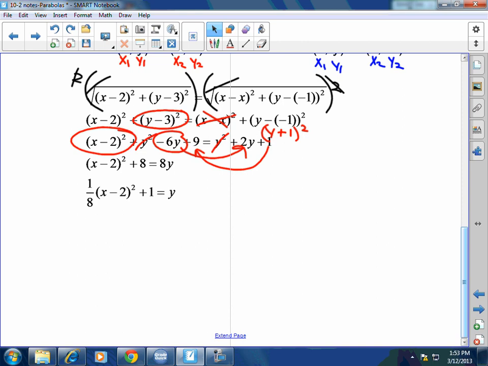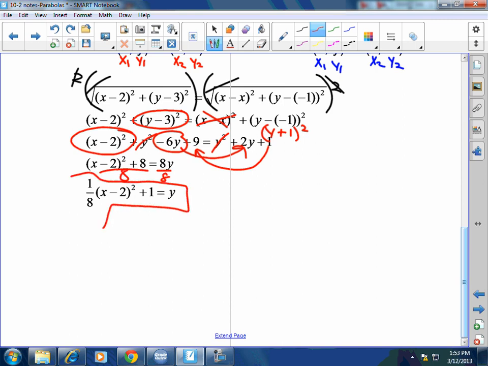And then I divided everything by 8. And then I have this bad boy right here. It is the vertex form, sir. Thank you very much. That's why I kept the (x minus 2) squared, because x was being squared, so I left it in vertex form.